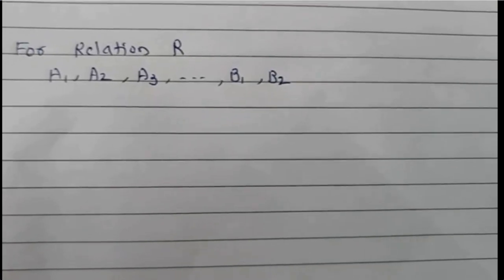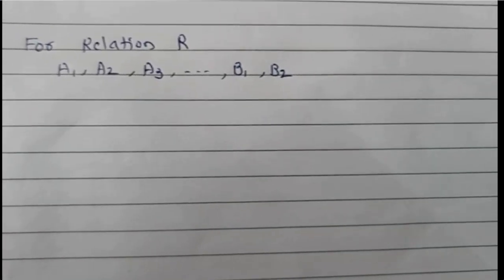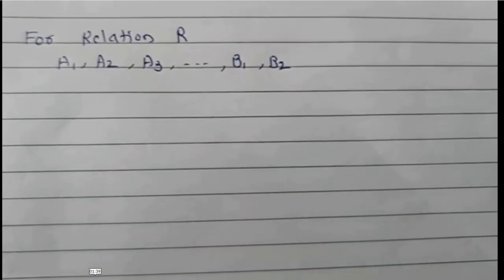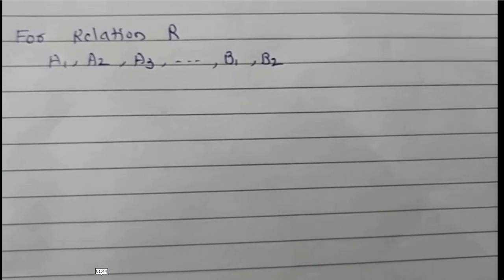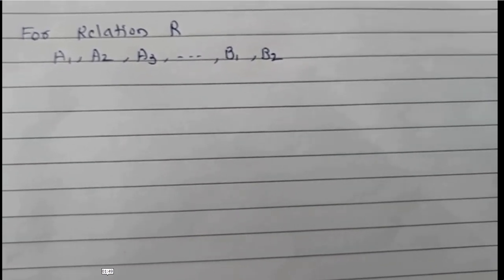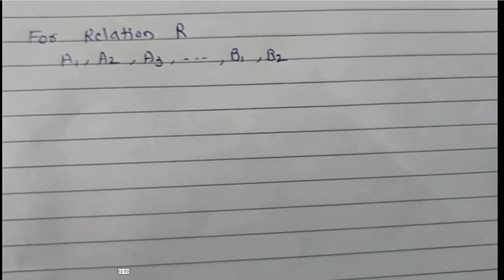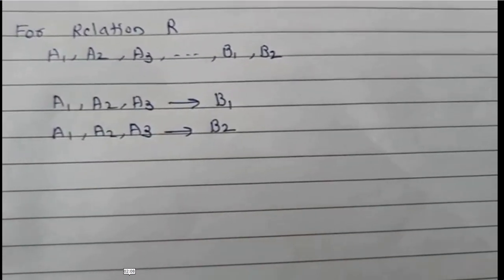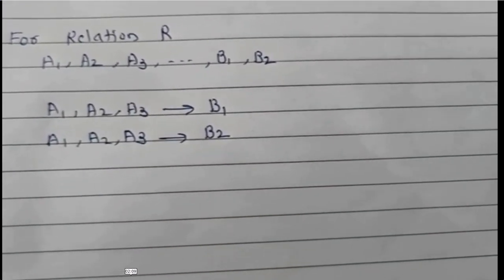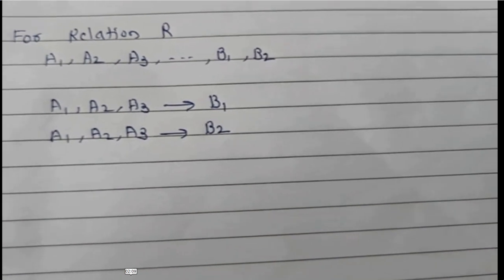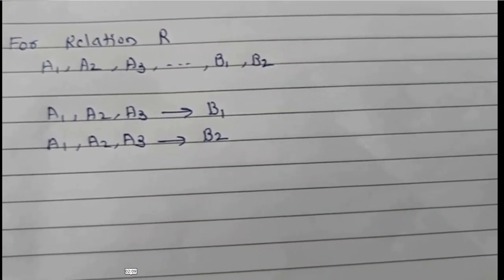Now, for a relation R, A1, A2, A3, or there could be many attributes, and B1, B2, these are the other attributes. So, these attributes belong to the relation R. The set of attributes A1, A2, A3 can uniquely determine the attribute B1.